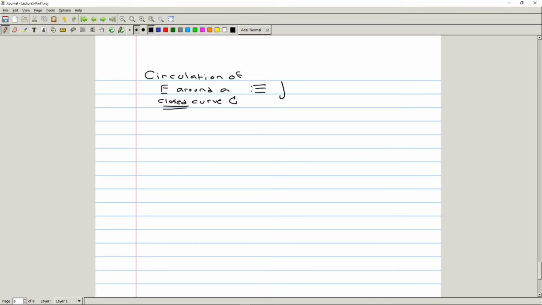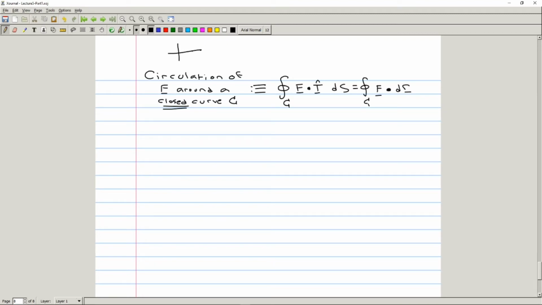We say it's the line integral over this closed curve C of F dot T hat ds, or in our other notation, the line integral of F dot dr. And with our previous interpretation of accumulation, it makes a lot of sense why this is called the circulation.